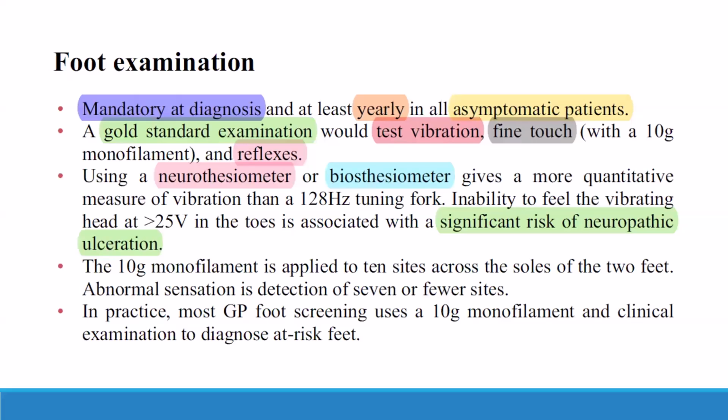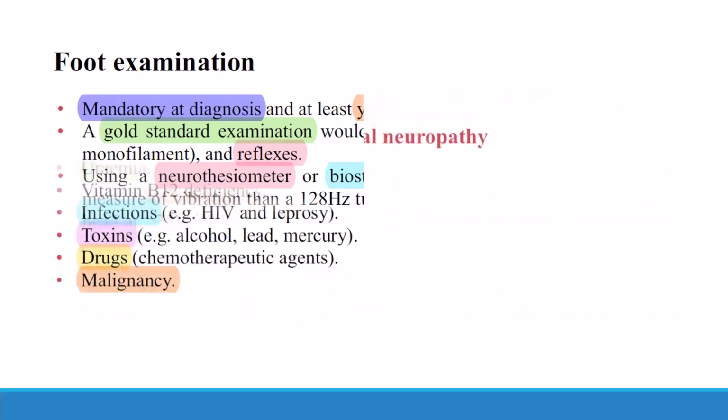The gold standard examination would test vibration, fine touch with a 10-gram monofilament, and reflexes. A neurosensiometer or biosensiometer is an advanced tool, not indicated except in a specific situation if there is a significant risk of neuropathic ulceration.